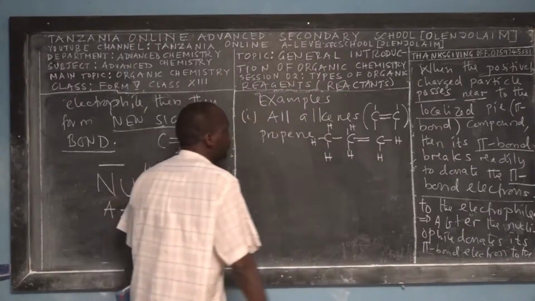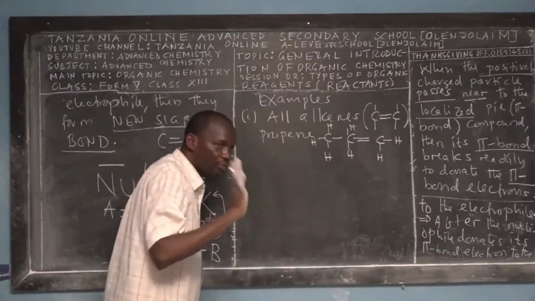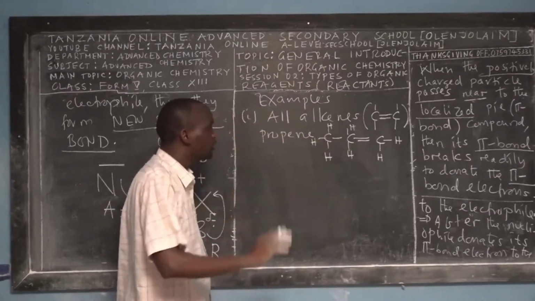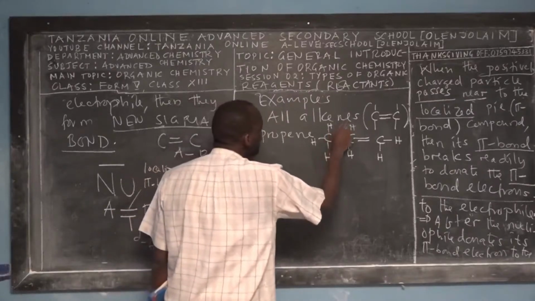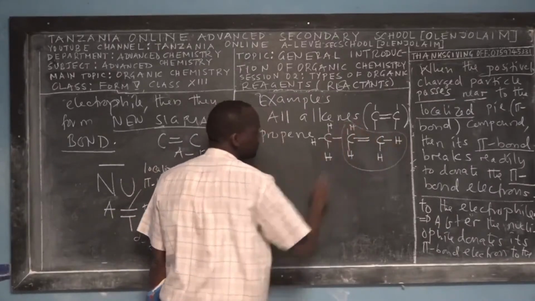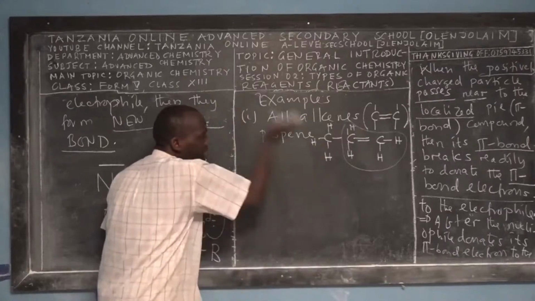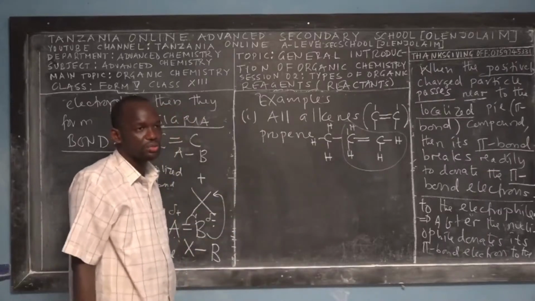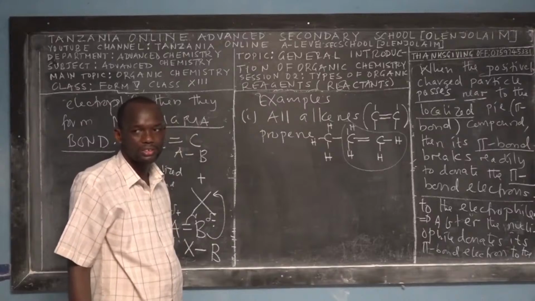So the nucleophile, this propene, will be a nucleophile only at this place. The remaining part has no contribution to the nucleophilic property.